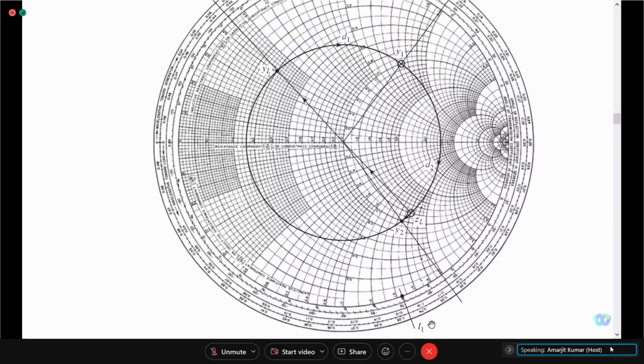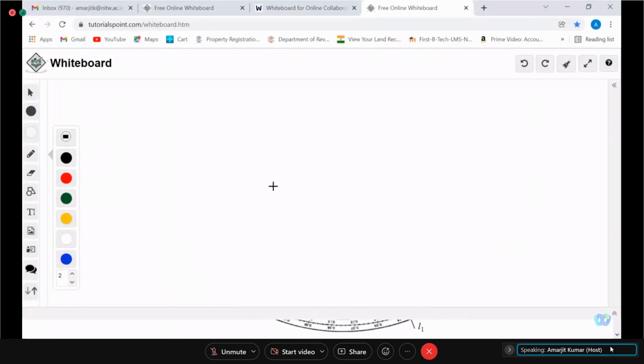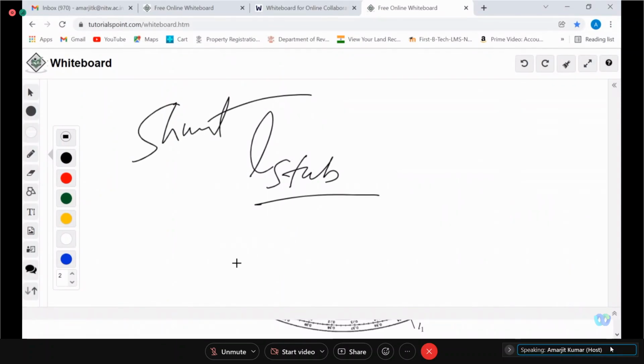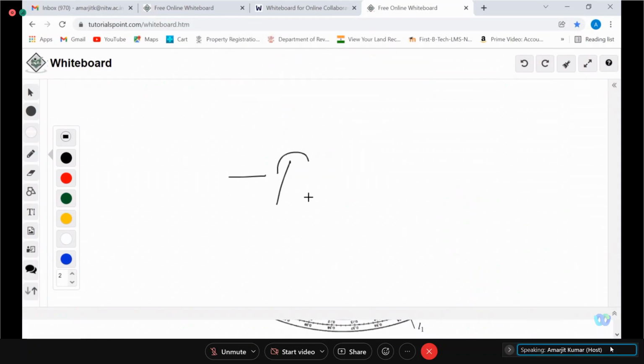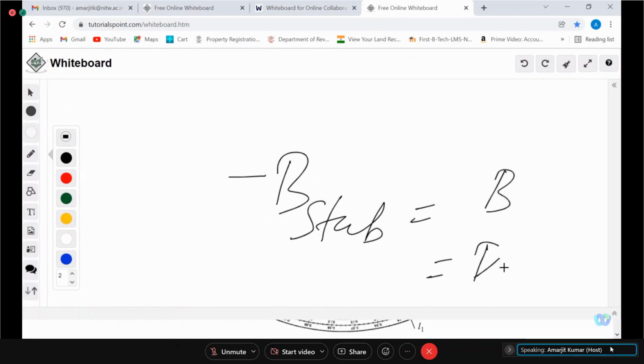Do not be confused, because as per the discussion, to cancel the susceptance, here it is a shunt stub. So the susceptance of the stub should be minus B, where B is the imaginary part of Y.